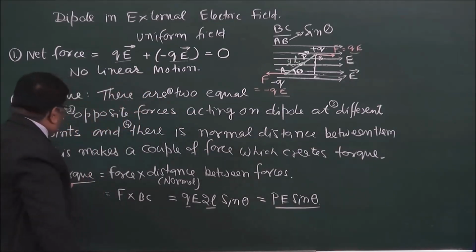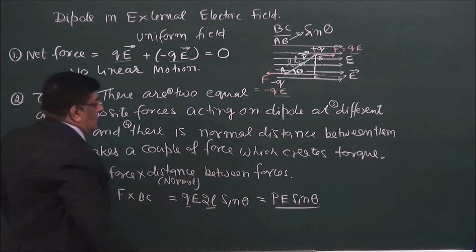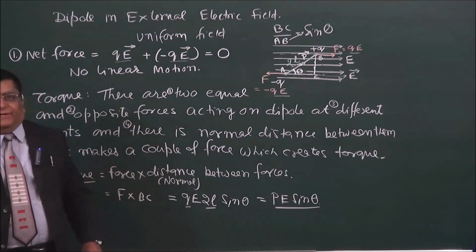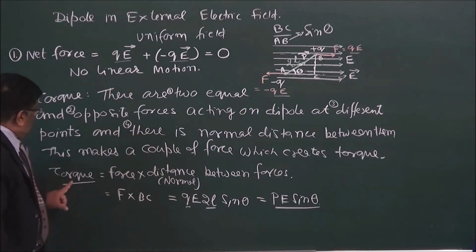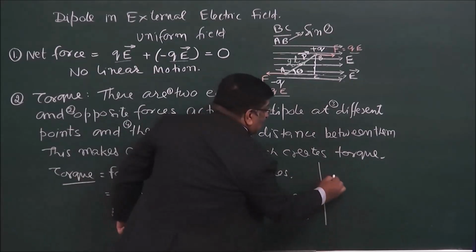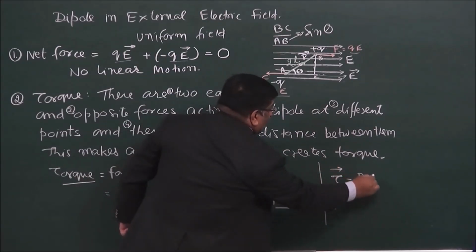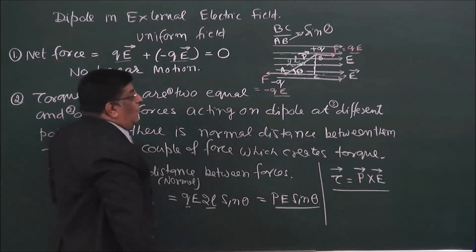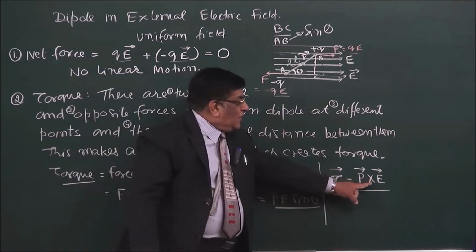Now, torque is a vector quantity. P, the dipole moment, is a vector quantity. Electric field E is a vector quantity. So we can write it as vector torque is equal to vector P cross vector E. And what is the magnitude in a cross product?